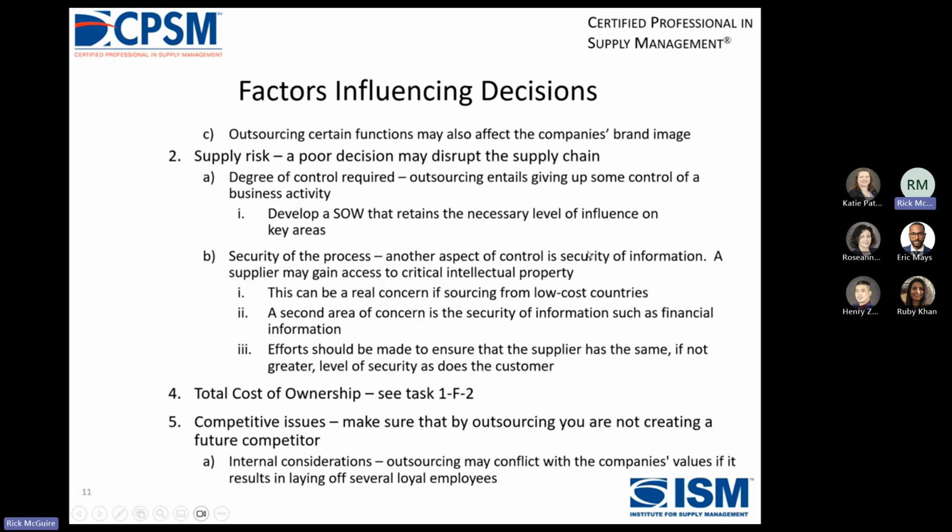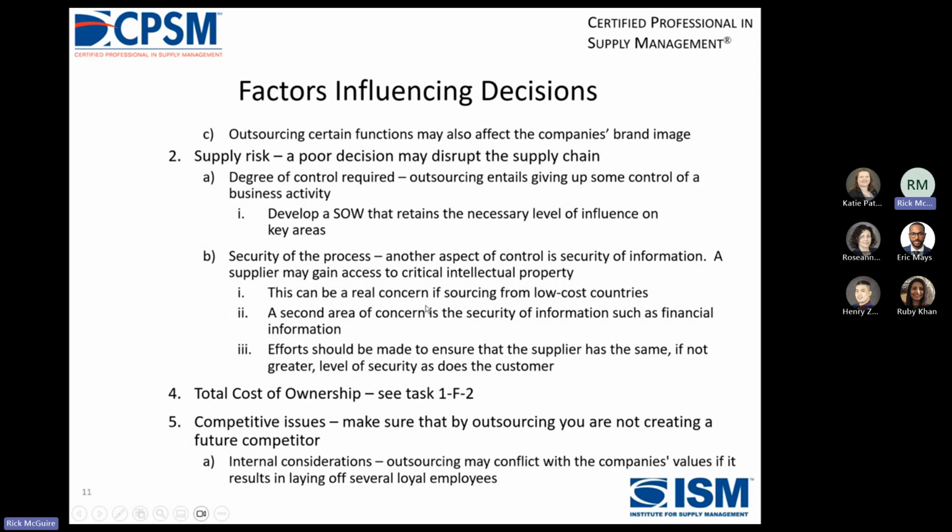Outsourcing certain functions may also affect the company's brand image. So supply risk: a poor decision may disrupt the supply chain. Boeing outsourced all of their supply for the 787 and some of their other planes, causing them all kinds of problems. Security of the process, security of information when you've got a bunch of suppliers.